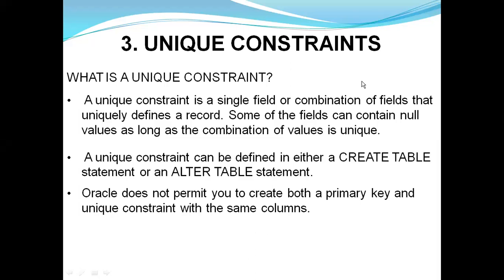Plus, you can apply more than one constraint on the same column. A unique constraint is also nothing but a single field or a combination of fields that uniquely defines a record. But the only problem is it accepts a null value.